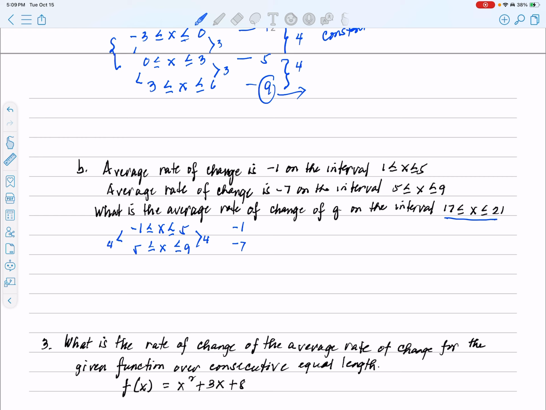How about we add 4? 5 plus 4, that's 9. 9 plus 4, that's 13. 13 plus 4, that's 17. 17 plus 4, that's 21. So this is increasing by 4, and the interval here is by 4.